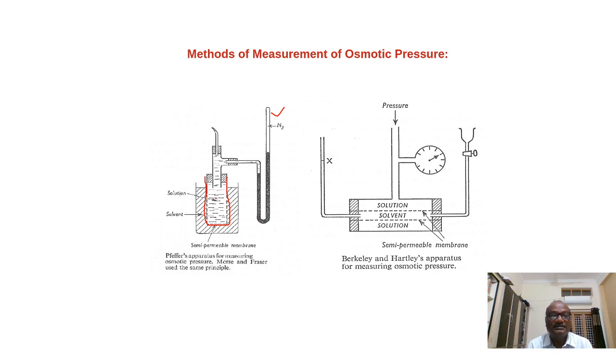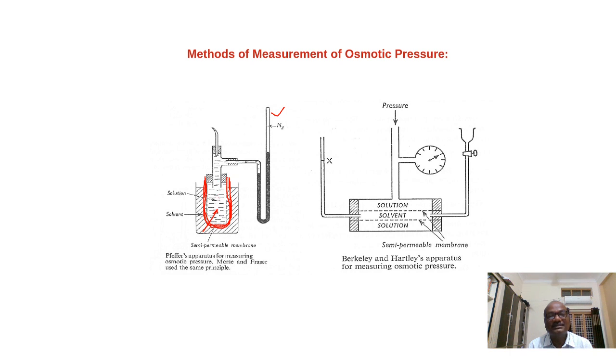Inside this container the solution is taken, for example an aqueous sugar solution, and on the external side the solvent is taken. Both the solvent and the solution are separated by a semi-permeable membrane deposited in the walls of this container. When they are separated by the semi-permeable membrane, osmosis will start, and the solvent molecules will enter into the solution.